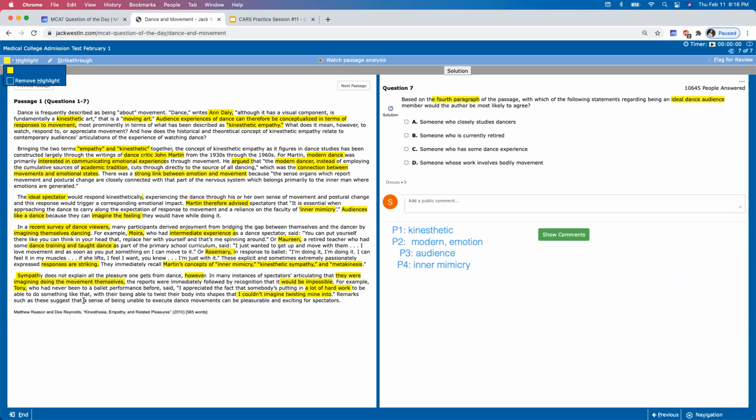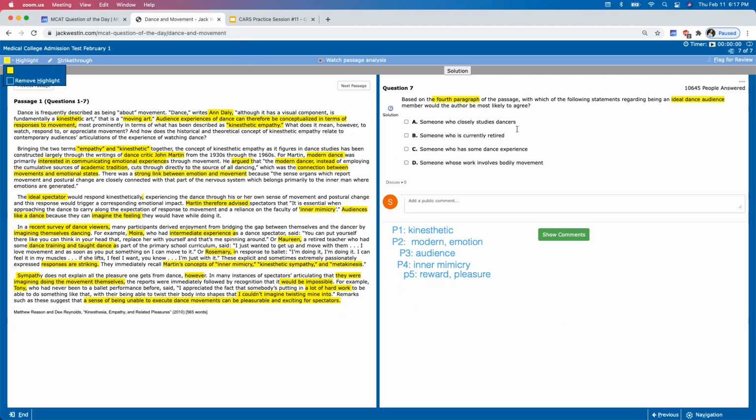So there's a sense of being unable to execute dance movements, and it can be pleasurable and exciting. So that's kind of like a summary of why people, yeah, what's the reward for someone who can't dance? Exactly. So we can just write, what was the other reason of getting reward and pleasure from dance?